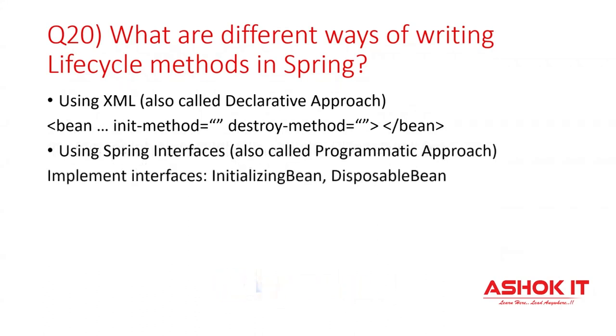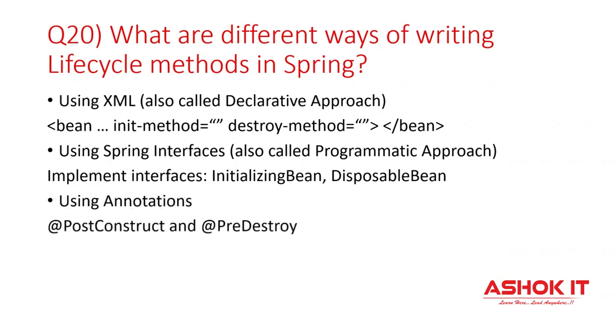There are two interfaces given, InitializingBean and DisposableBean. We have to implement these interfaces and override the methods. We can also use annotations, that is @PostConstruct and @PreDestroy. These are the three ways we can implement lifecycle methods. And remember, these methods are optional.